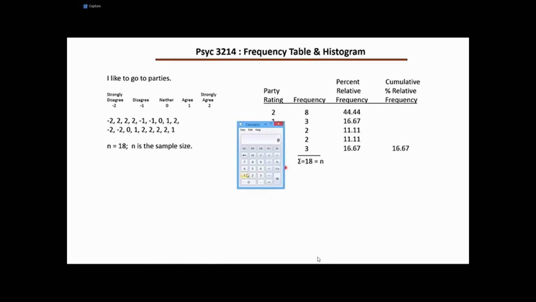So again, with the calculator, 16.67 plus 11.11, oops, I messed that up, didn't I? Let's clear that out. So 16.67 plus 11.11, and that gives us 27.78. So there is that value.